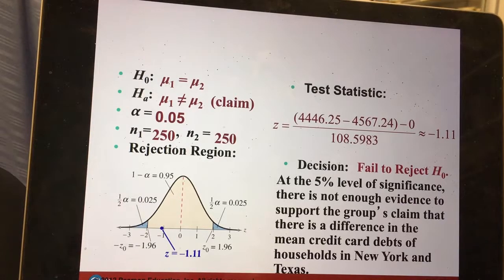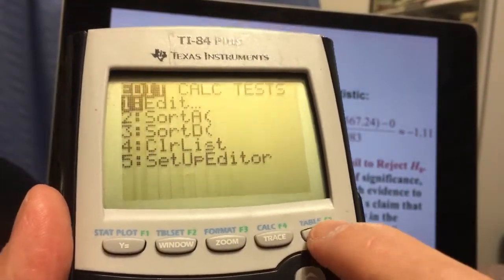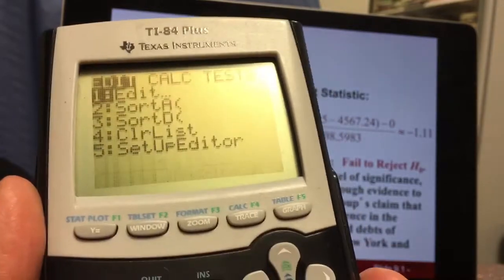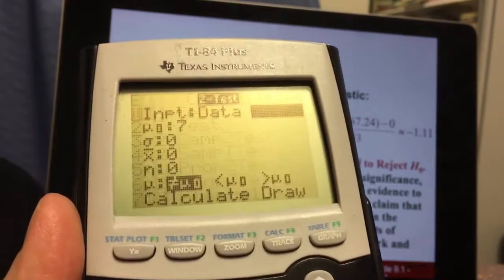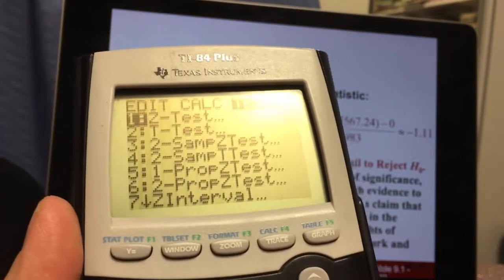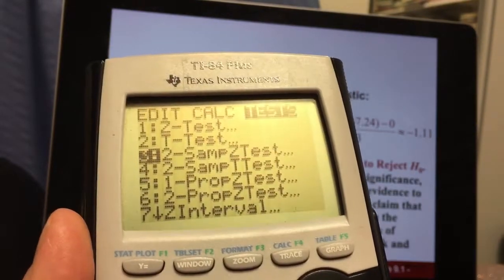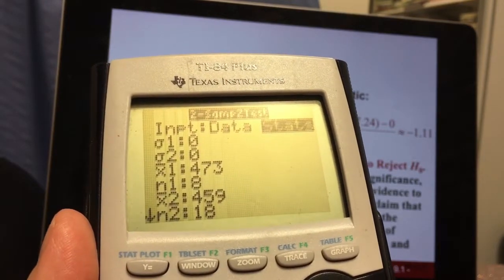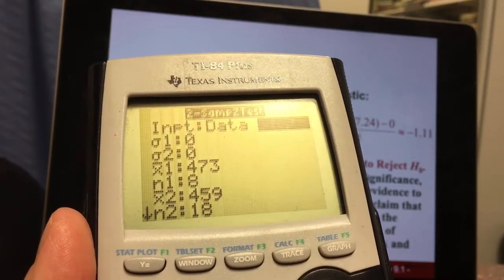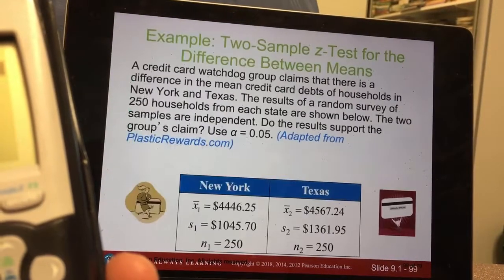Let's do that real quickly for a two-sample z-test. So here we're going to go to stat and test, and enter, and we're going to go to two-sample z-test, which is number 3 on mine, and we're going to hit enter, and we're going to do this from the stats, and we're going to use the stats as they are stated here.